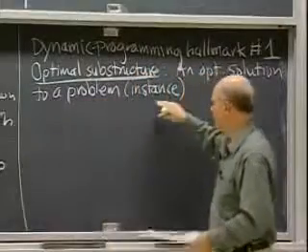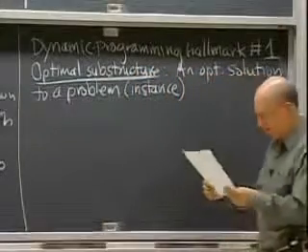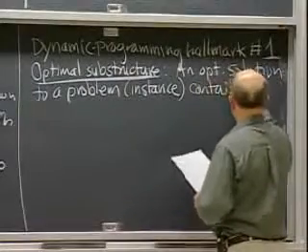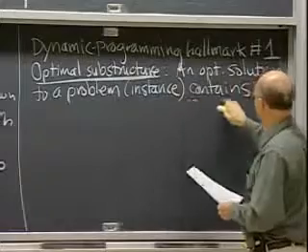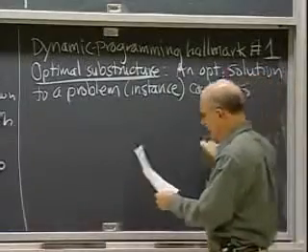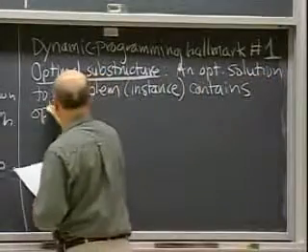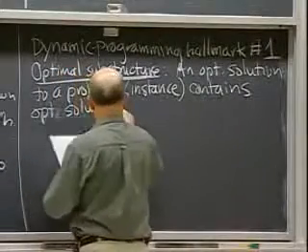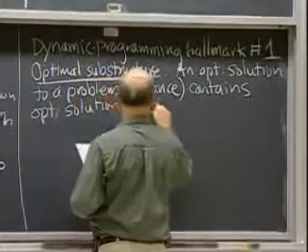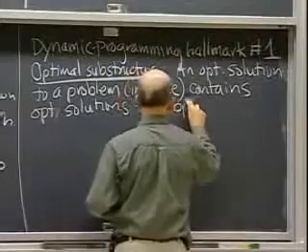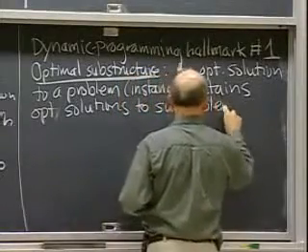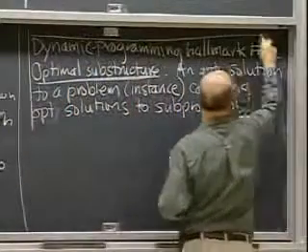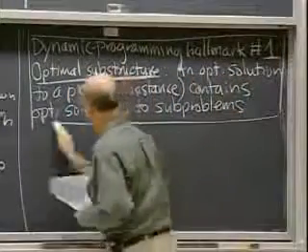So we're really talking about problem instances, but I'm just going to say problem. So when you have an optimal solution to a problem, it contains optimal solutions to subproblems. And that's worth drawing a box around because it's so important.